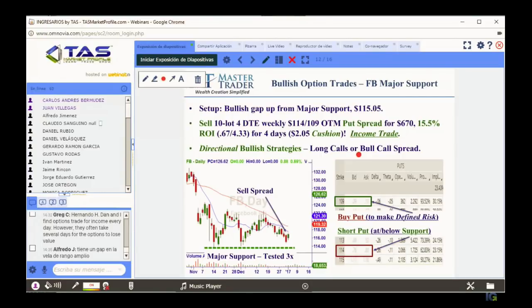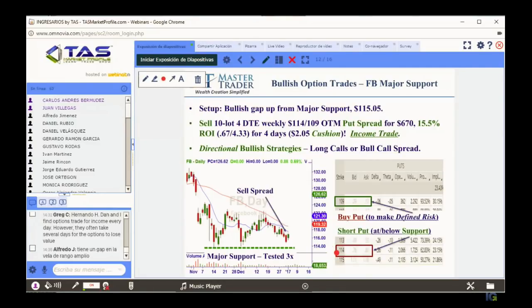So let's look at the numbers. On the second bullet there, there is major support at $114. So we went to the option market, and you see circled there in red at 114, that was the quote.